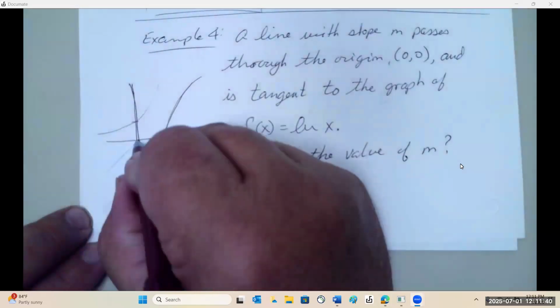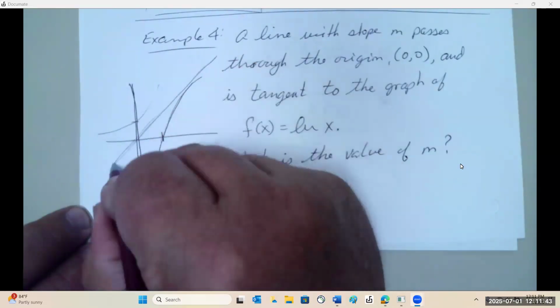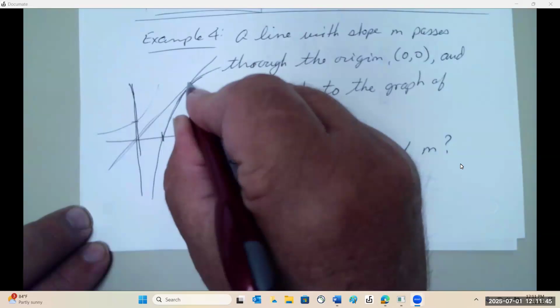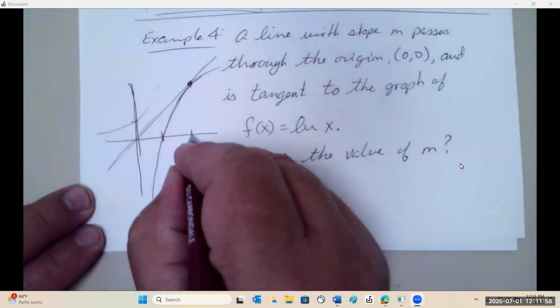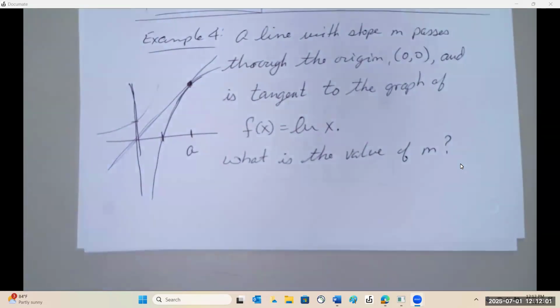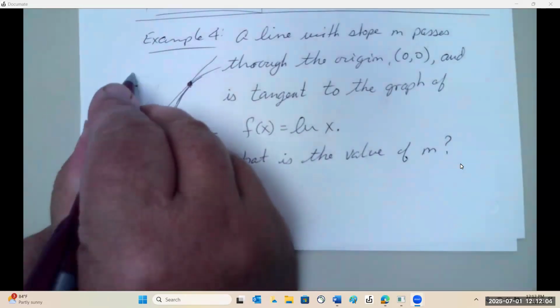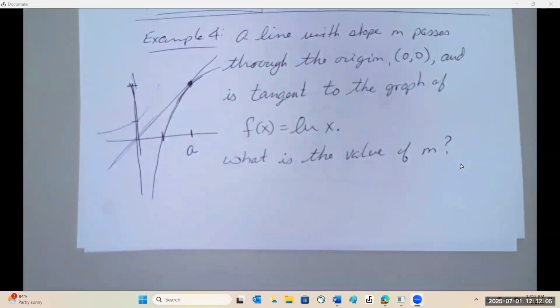So there's a line going through here that touches the graph at one point here. Do we know what that location is? Well, we can figure it out. It's some value a. And what would be the y value at that point? Ln of a, because the function itself is ln x.